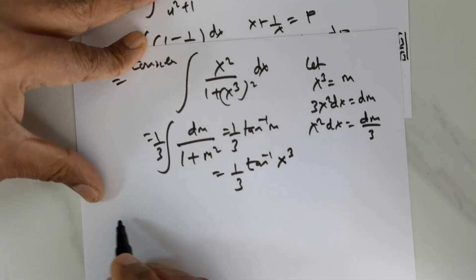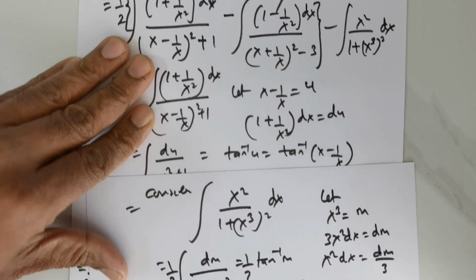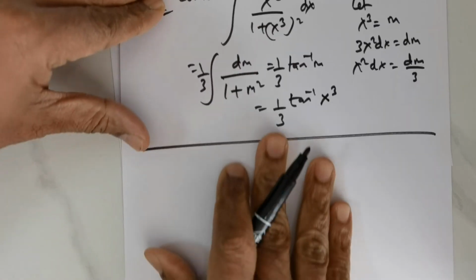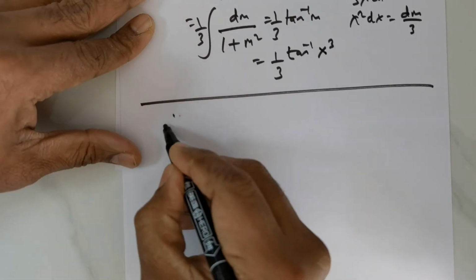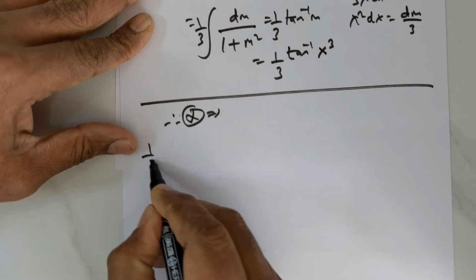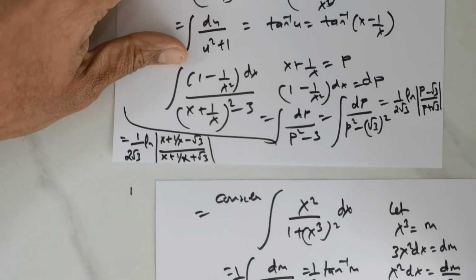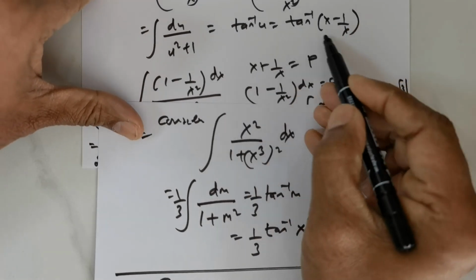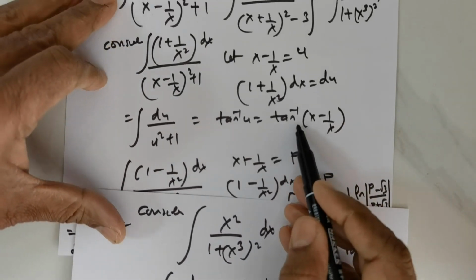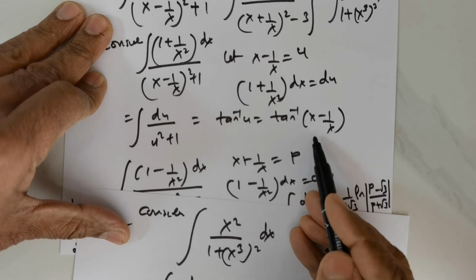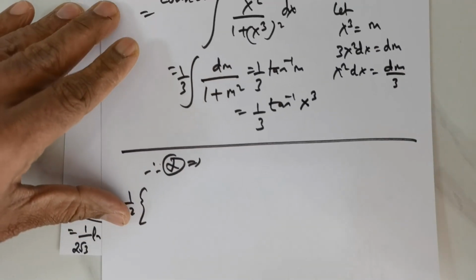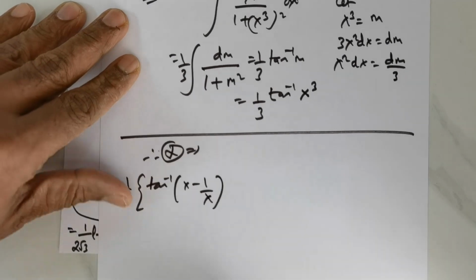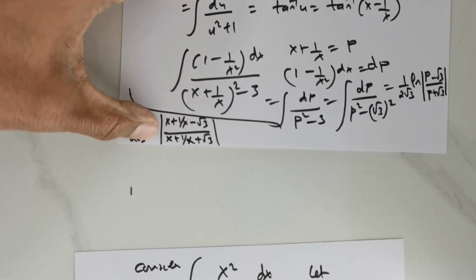Okay, so take all of this. I'm going to take this as some alpha. So alpha becomes 1 over 2 times the first quantity. What's the first quantity? This one is tan inverse of (x − 1/x). So substitute that. The second quantity is this.